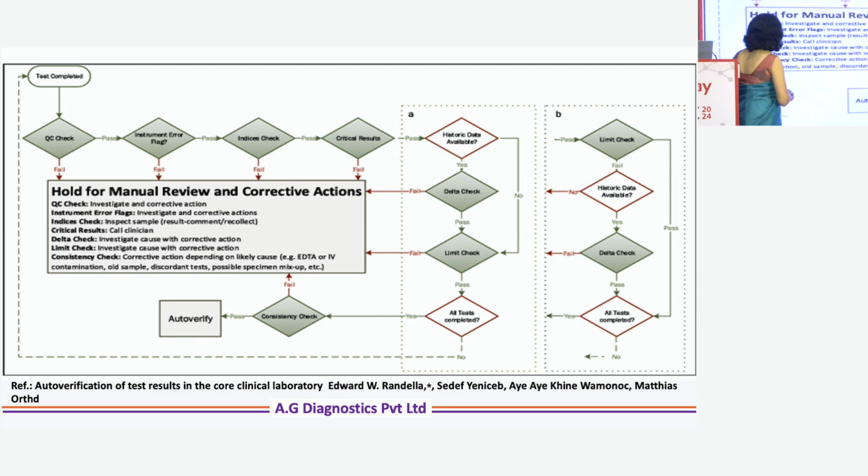So in any algorithm, if there's a QC check fail, if there's an instrument error flag, indices check, if it's a critical result, in all these situations it will hold for manual review and corrective actions. So these are some examples of the algorithms which you can build.